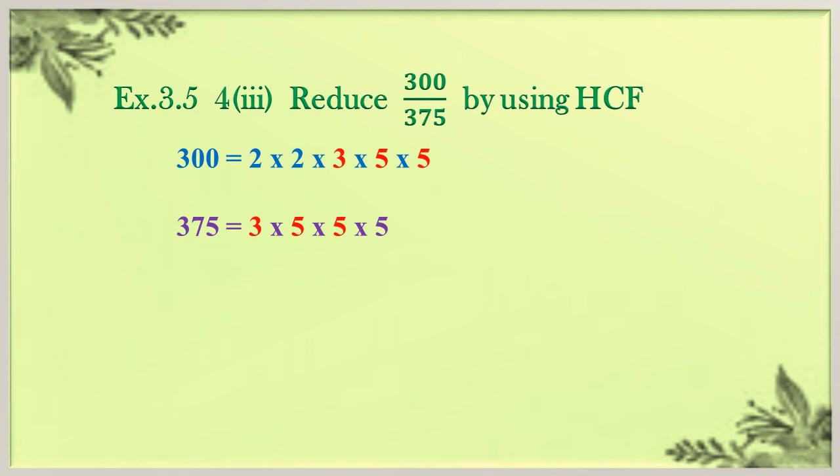Now we want to find the common factors of 300 and 375. The common factors are 3 into 5 into 5. Now we want to find the HCF of 300 and 375. Multiply all the common factors, we will get the HCF.